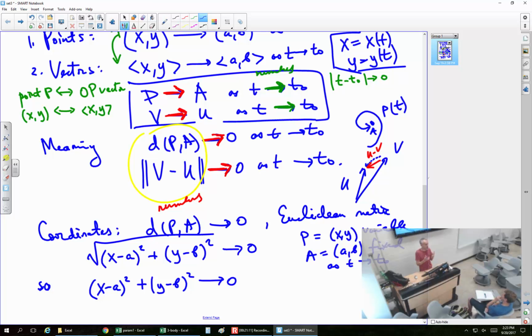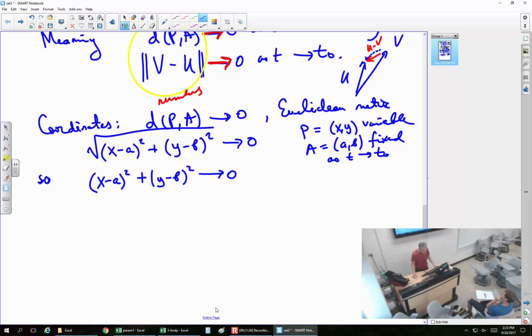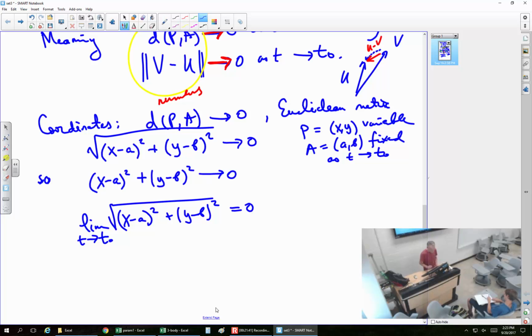With functions and limits, I remove the function from consideration. Maybe it will help if I write it with lim. So, lim as t goes towards t naught, some number, of (x minus a) squared plus (y minus b) squared is equal to 0.